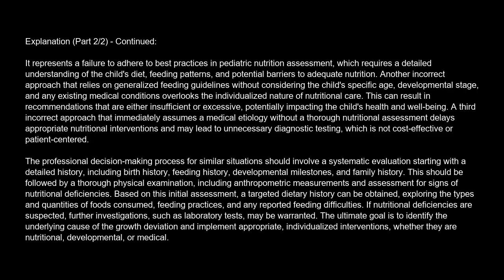Based on this initial assessment, a targeted dietary history can be obtained, exploring the types and quantities of foods consumed, feeding practices, and any reported feeding difficulties. If nutritional deficiencies are suspected, further investigations, such as laboratory tests, may be warranted. The ultimate goal is to identify the underlying cause of the growth deviation and implement appropriate, individualized interventions, whether they are nutritional, developmental, or medical.